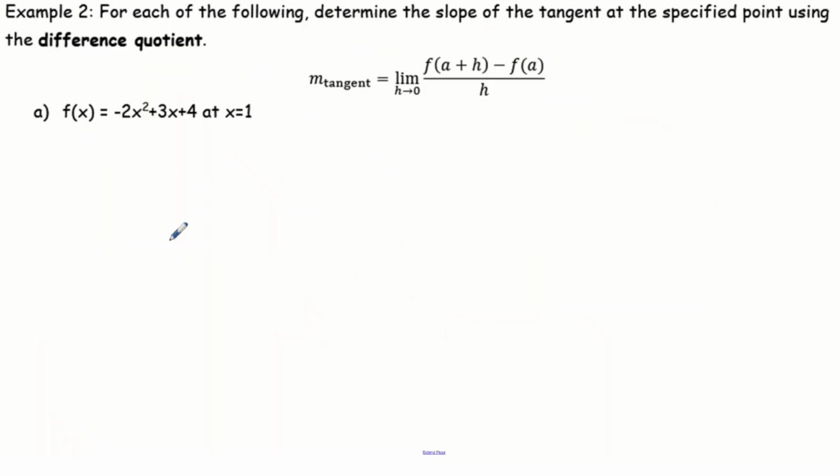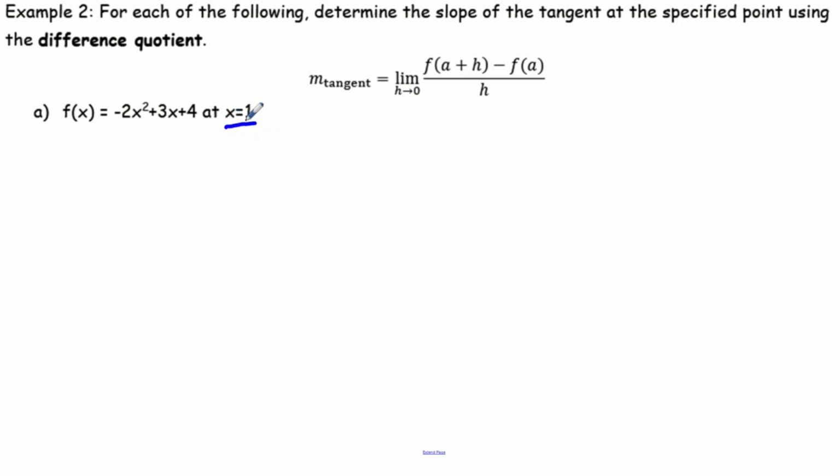So now we are going to apply the definition for the slope of tangent, limiting value as h approaches 0, f at a plus h minus f at a all over h. Use this formula to find the slope of tangent for different functions. So this is function f at x equals negative 2x squared plus 3x plus 4 at x equals 1.